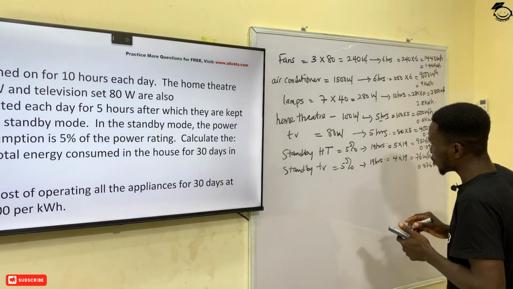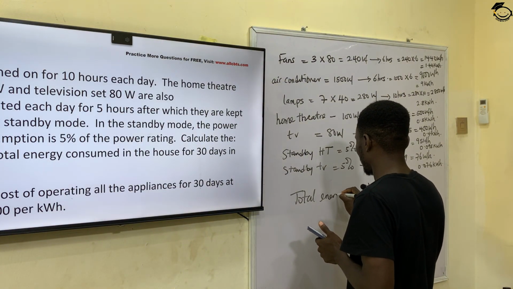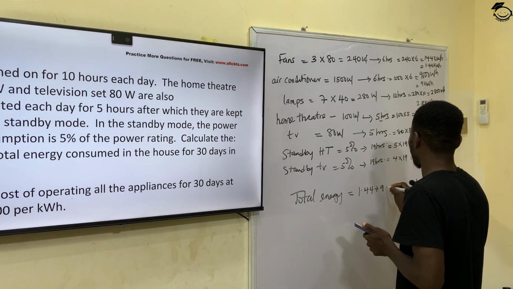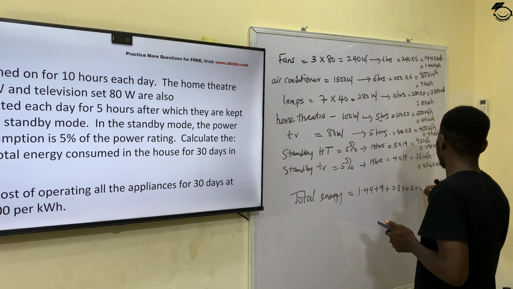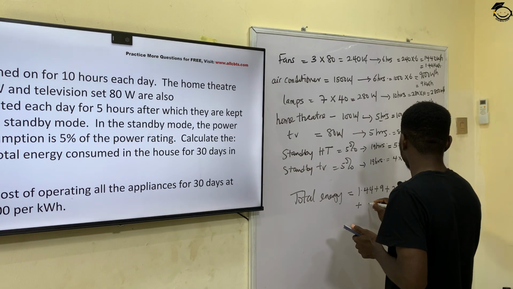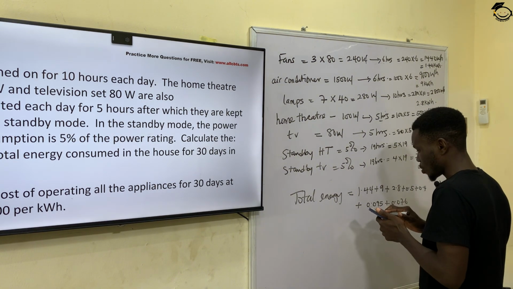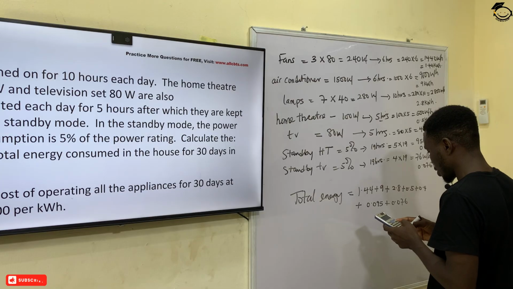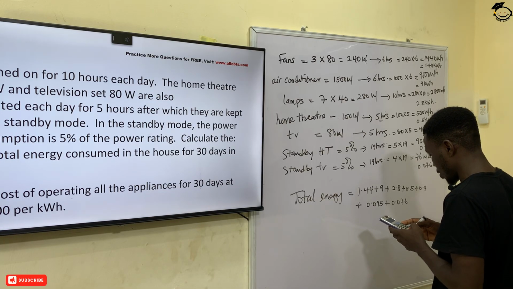So, if we add everything together, we'll get our total energy consumed. So, my total energy consumed is going to give me 1.44 plus 9 plus 2.8 plus 0.5 plus 0.4 plus 0.095 plus 0.076.